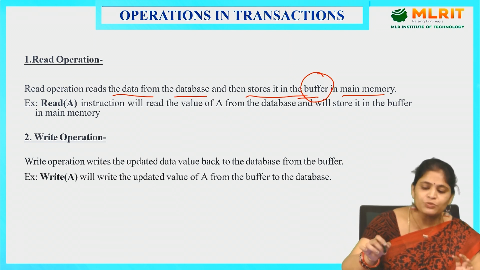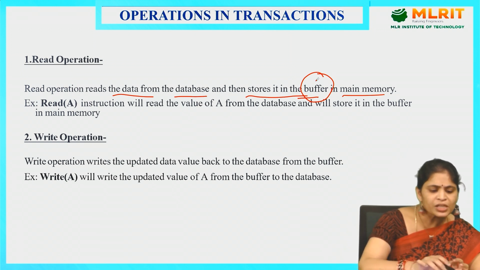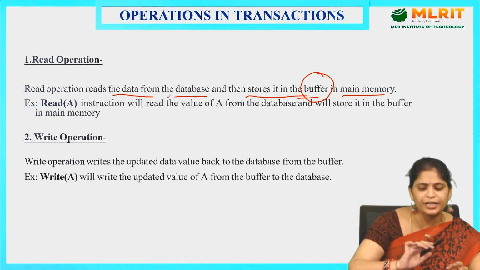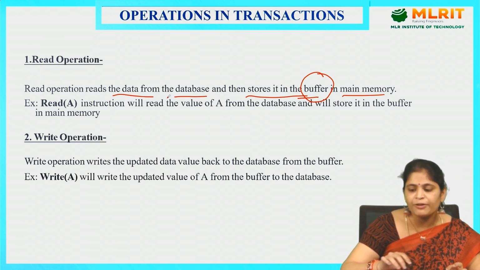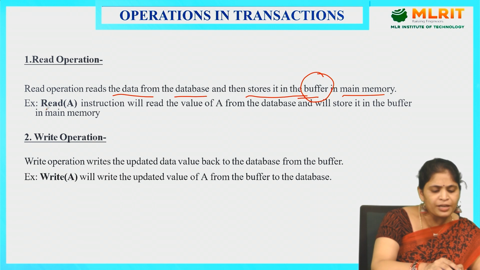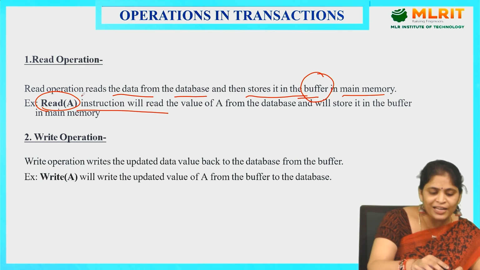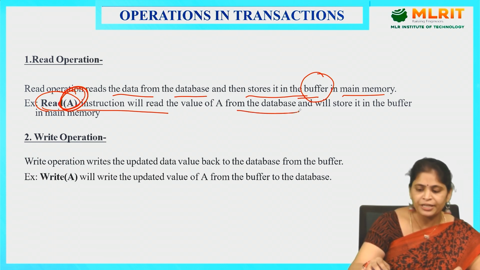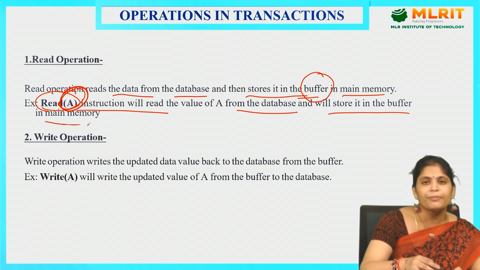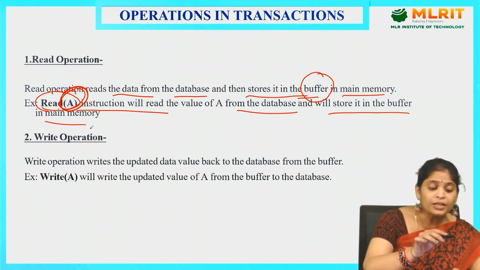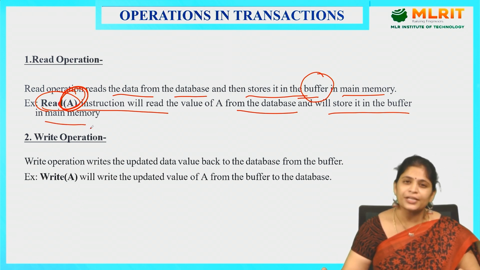That is the purpose of the buffer. So, for example, this statement read of A will read the value of this particular variable A from the database and store it in a buffer in the main memory. That is the intention of the instruction read of A.